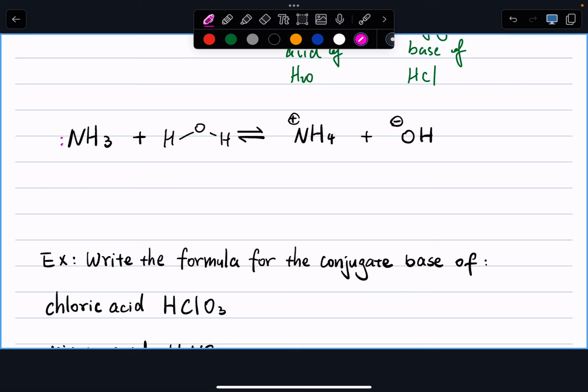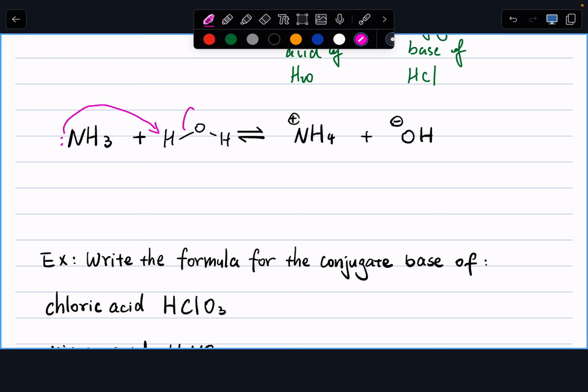So the lone pair of my ammonia grabs the hydrogen of my OH, and the electrons in my OH get pushed onto the oxygen. So in this process, what is my base? Okay, anyone want to take a guess? What is my base? NH3. Yes, so this is my base.